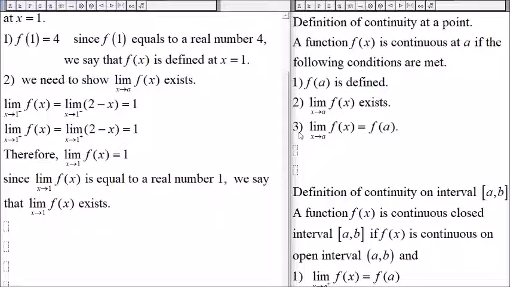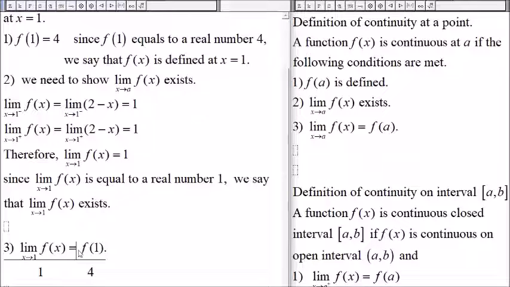But now we need to verify also condition number 3. We know that the limit, and here a is 1, so let's change that to 1. The limit of f of x as x approaches 1 is 1, and f of 1 is 4.